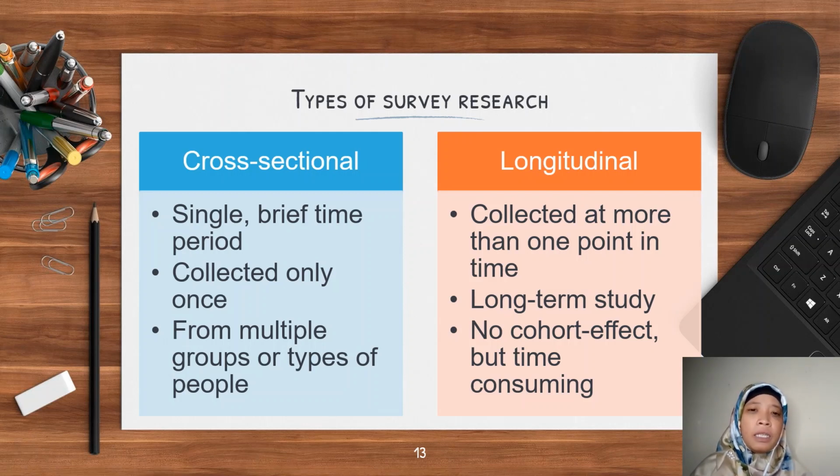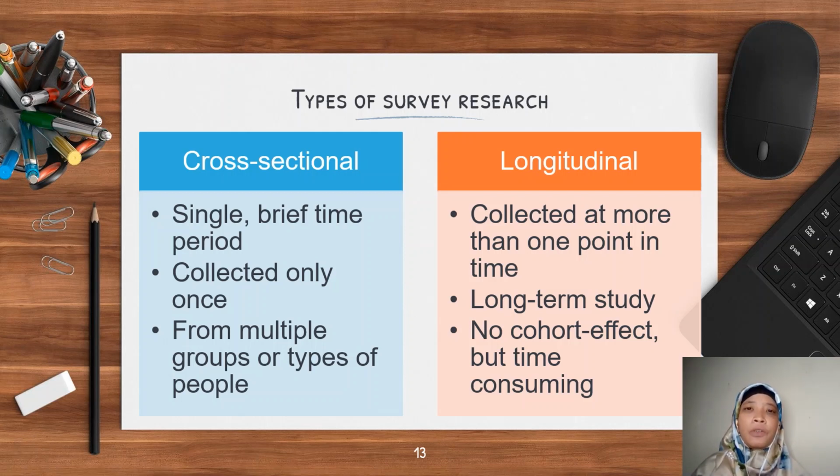And for the cross-sectional, we can collect data from multiple groups or types of people at one time. So for example, you're collecting data from someone who is in elementary school. At the same time, you're doing a survey on the same topic with the same instruments.